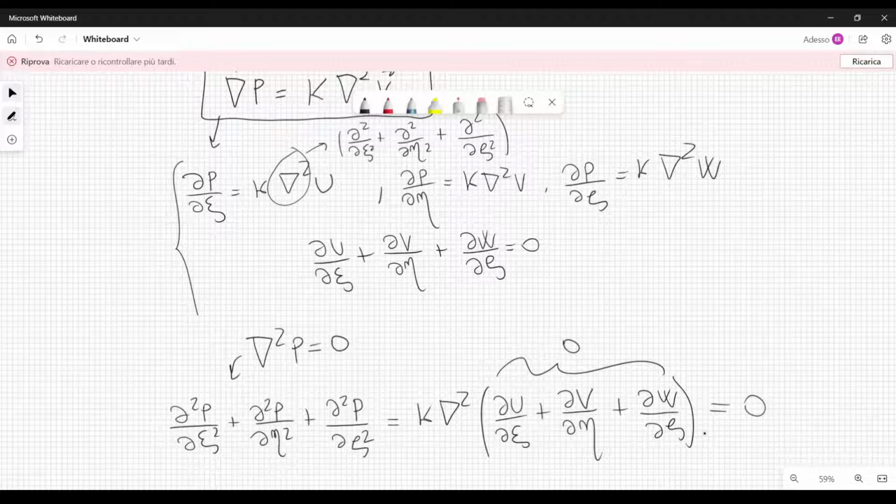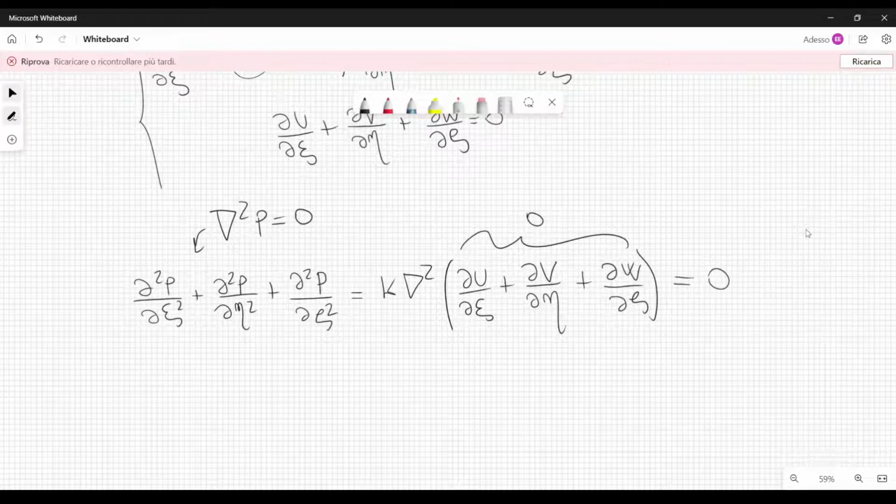Now we have to start calculations to obtain the velocity and the pressure. So we have four functions to calculate: u, v, w, and p, the pressure. At this point, Einstein defines a function V bar. Einstein defines it as capital V, but I don't want to get confused with the y component of the velocity, so we will call it V bar.